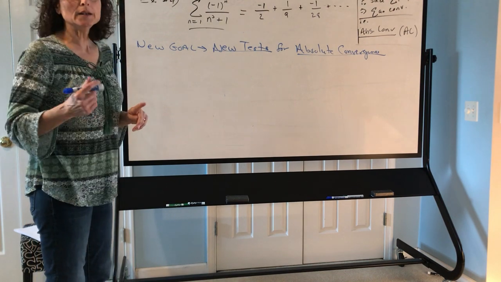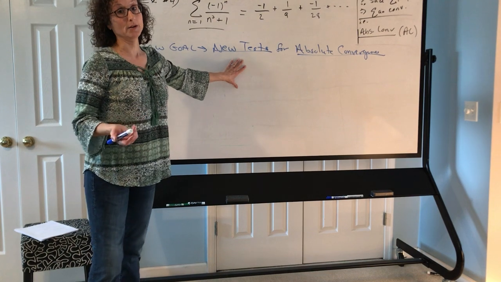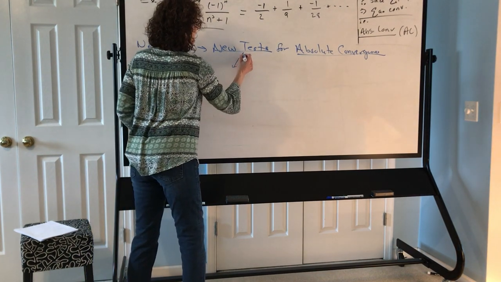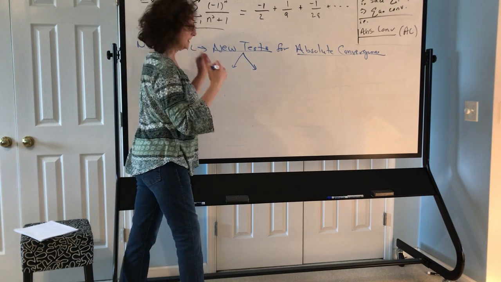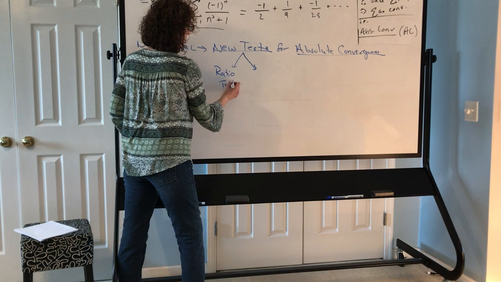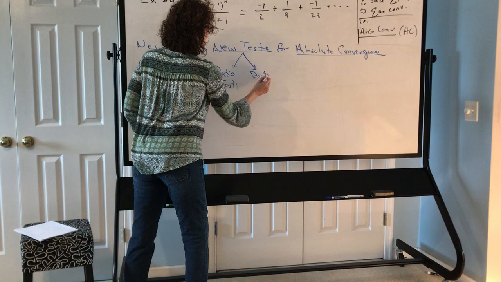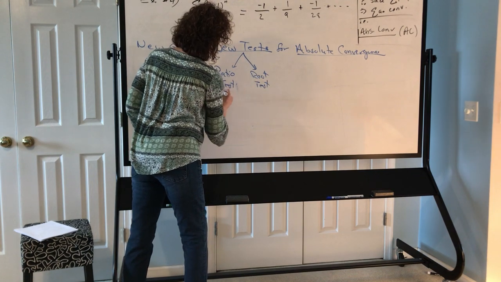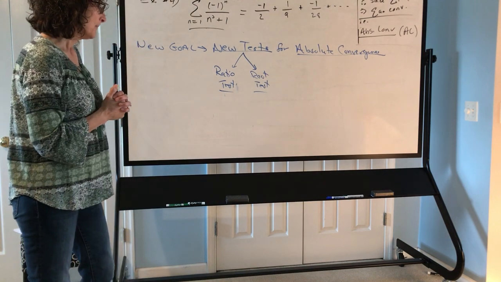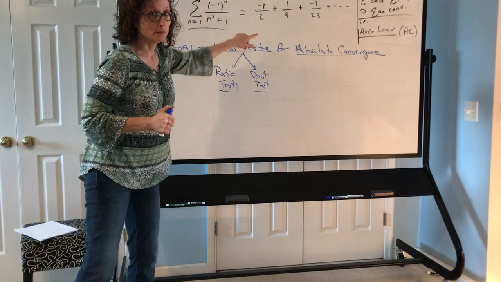One thing to keep in mind, our new tests that are coming are going to be super awesome, and ones we're going to keep using consistently. I'll give you a hint. They're called the ratio test and the root test. These are going to get used consistently throughout the rest of the semester when we move from adding numbers to adding functions, okay?